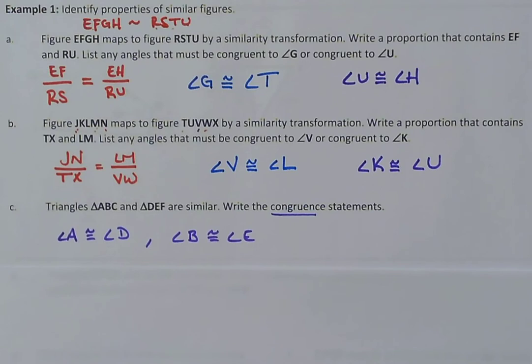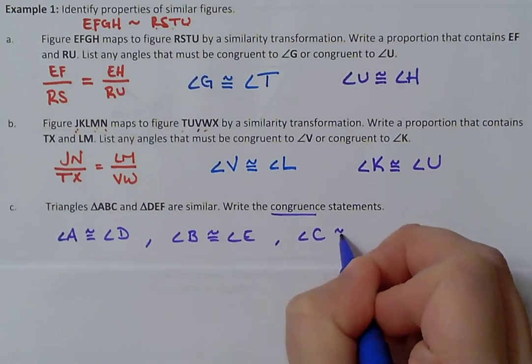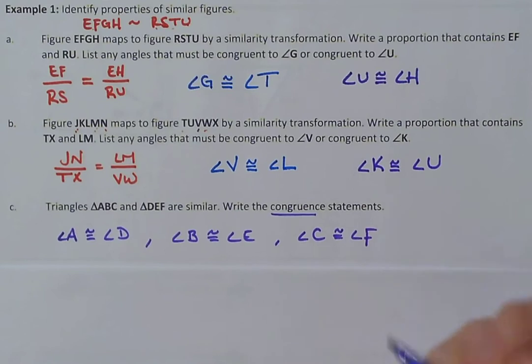And then lastly, angle C and angle F are congruent to each other because they are the last letter in both statements. So if it wants you to write the congruent statements, know that we are dealing with the angle measures. If they want proportional statements, they would want you to deal with the side lengths. And that is our answer to part C.